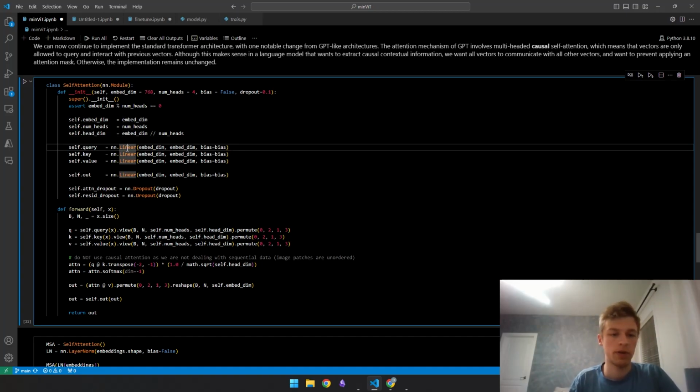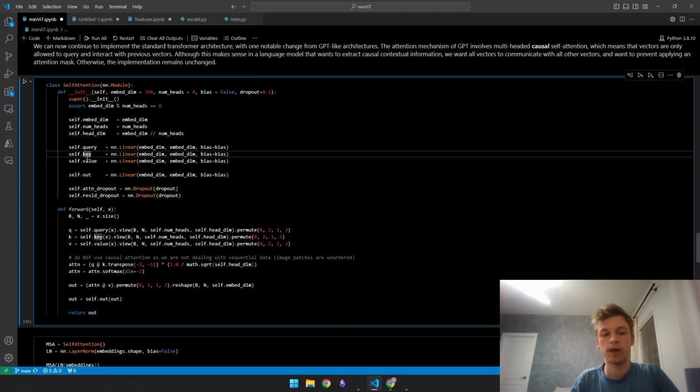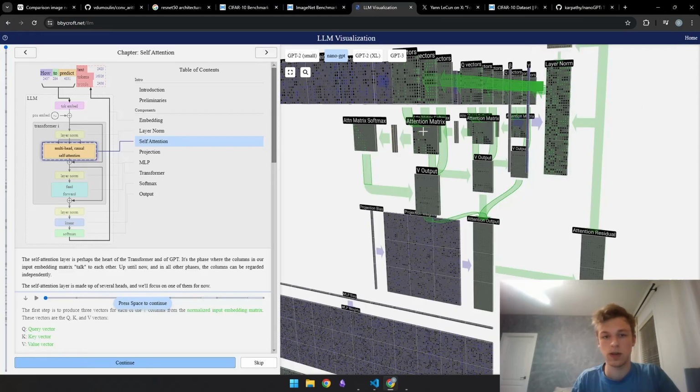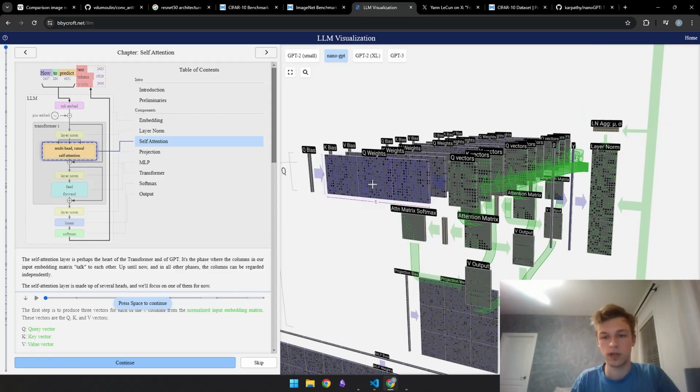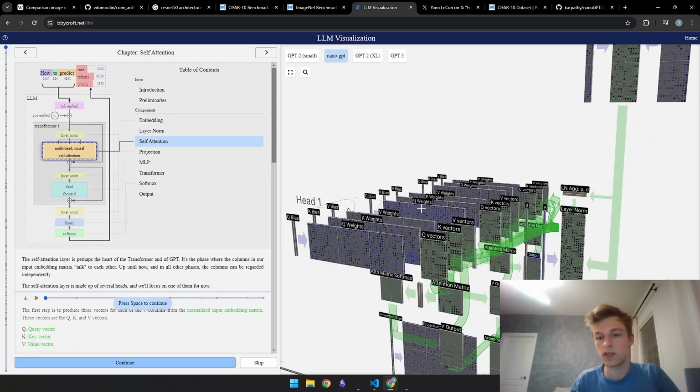And then what we're going to do is combine the query, key, and value matrices into a single matrix. So these Q weights, these K weights, and these V weights, for each of the heads, they might be different. But if we stack these on top of each other, we can combine the operation of splitting and multiplying, and then doing the rest of the attention mechanism.